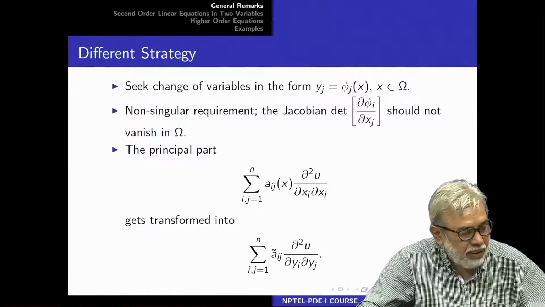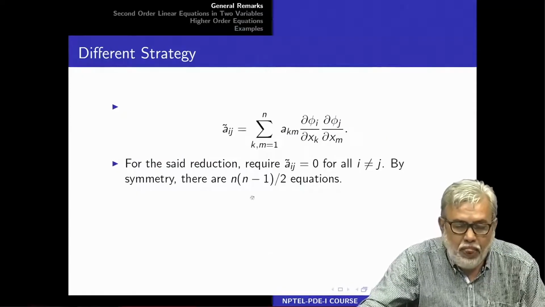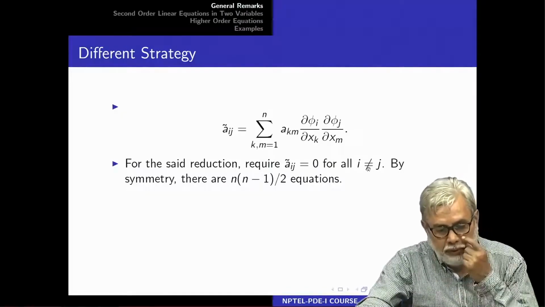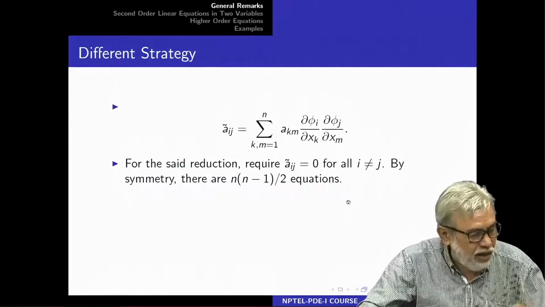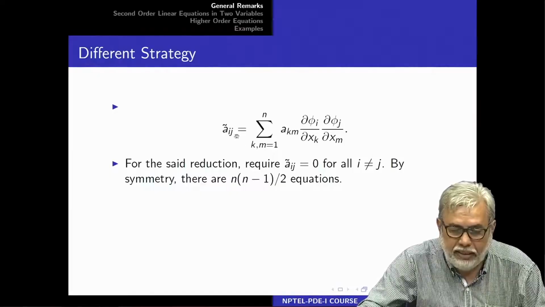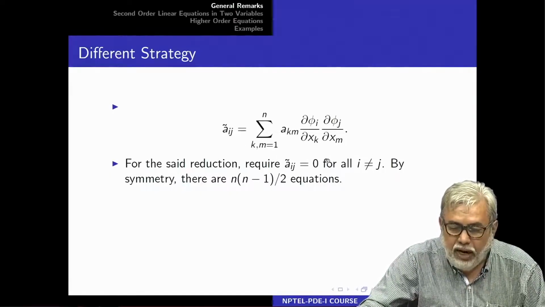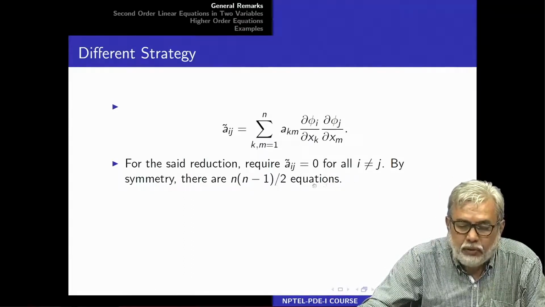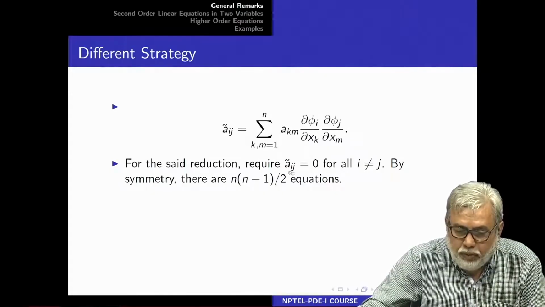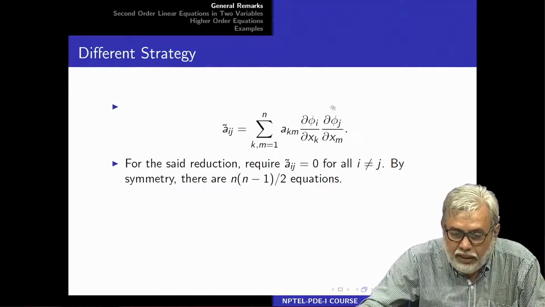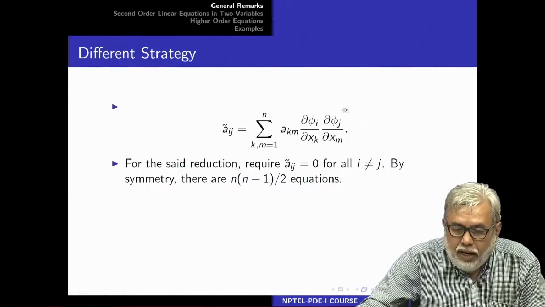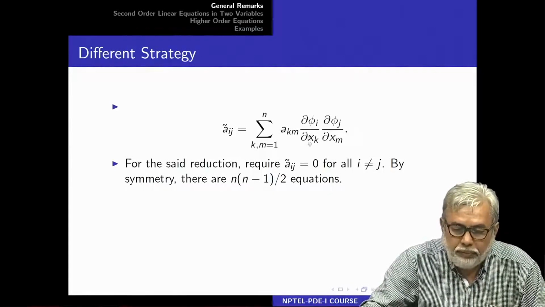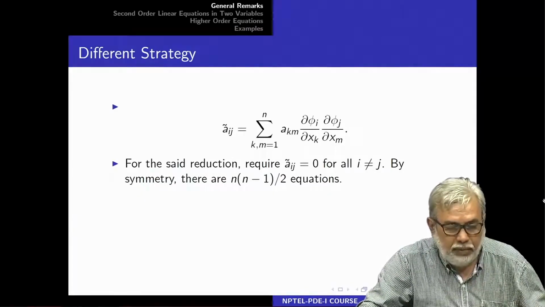So, at least the first requirement is that if possible we want a_ij tilde to be 0 for all i not equal to j, and since these are all symmetric, a_ij tilde equals a_ji tilde, you just count them, there are n(n-1)/2 equations. Okay. And these are the equations for the phi_i's we want to find out.